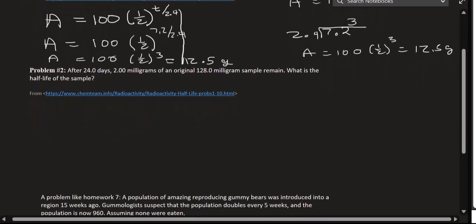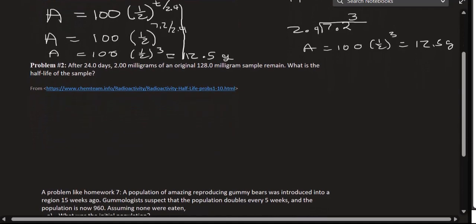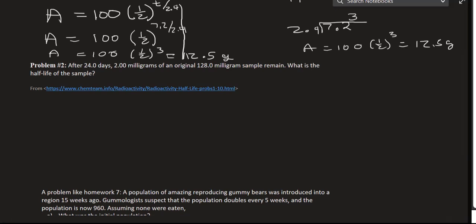Okay, similarly, after 24 days, 2 milligrams of an original 128 milligram sample remain. What is the half-life of the sample? So we have 2 milligrams remain of 128 times 1/2 to the t.